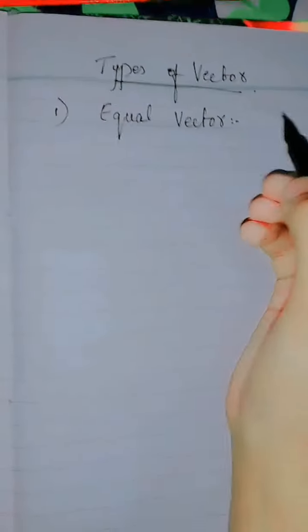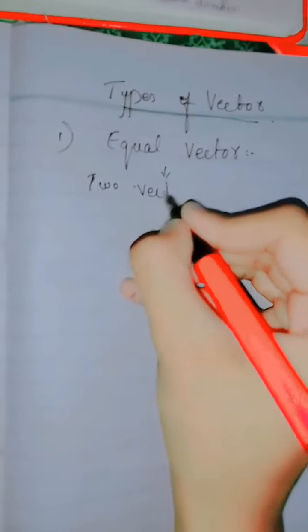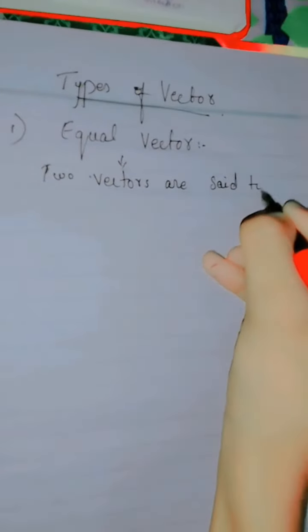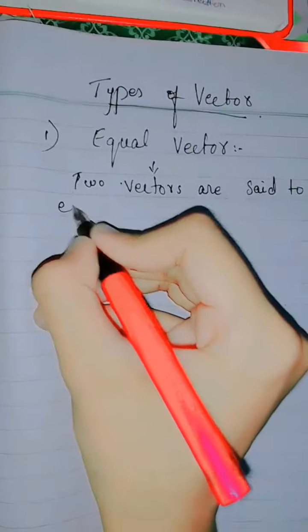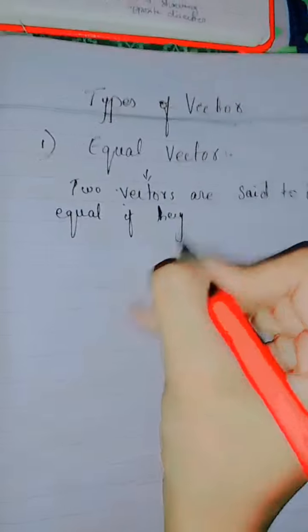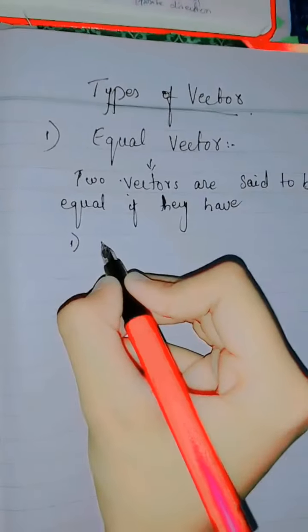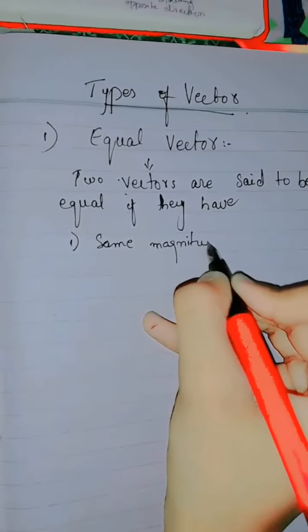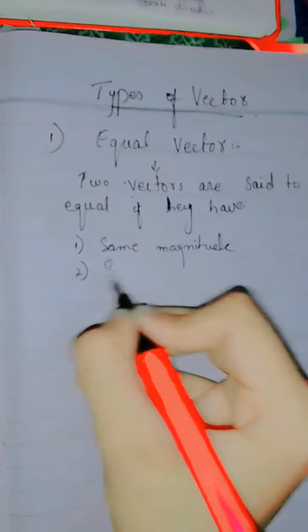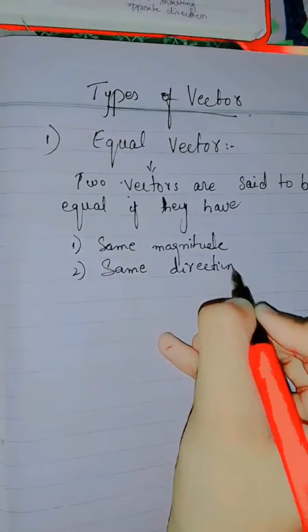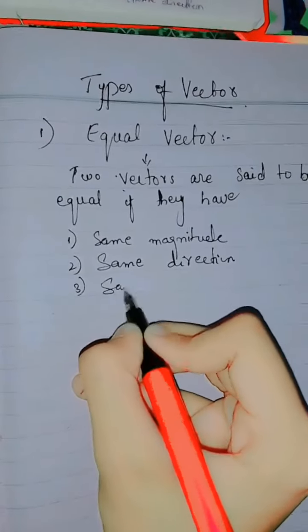What is equal vector? Two vectors are said to be equal if they have three things: same magnitude, same direction, same unit.